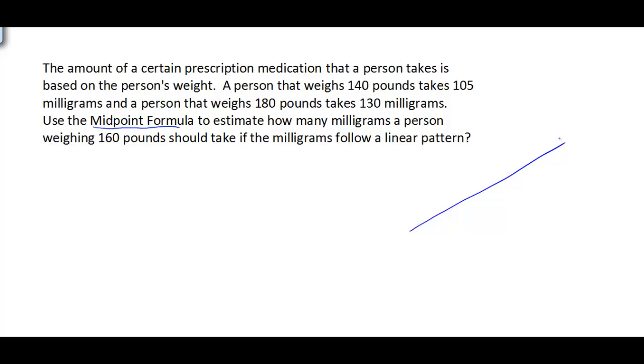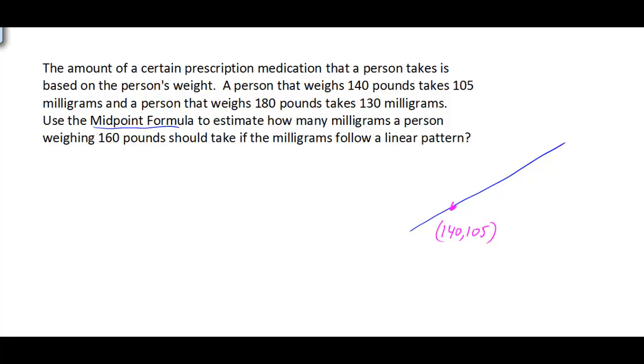So a way to think of this: I'm just going to mark off here a person that's 140 pounds. I'll just pick a point here. Someone that weighs 140 pounds is going to take 105 milligrams, so I'll think of that as my y-coordinate. The x here is pounds, and our y-axis would be representing the milligrams.